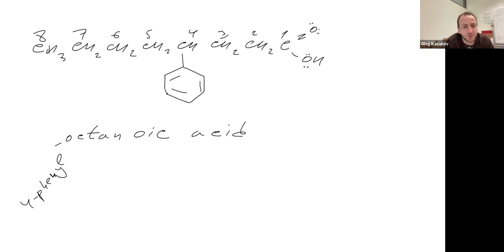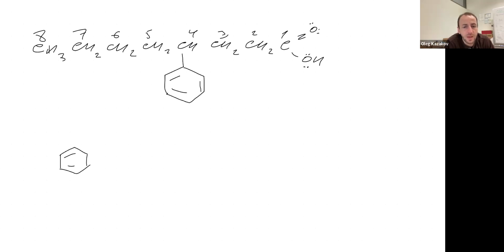So let's show some other acid, maybe something more friendly in terms of writing. So let's show an acid which will look like this. We have a phenyl group, and that's going to be our acid. No need to name it now, but we are going to show its dissociation.